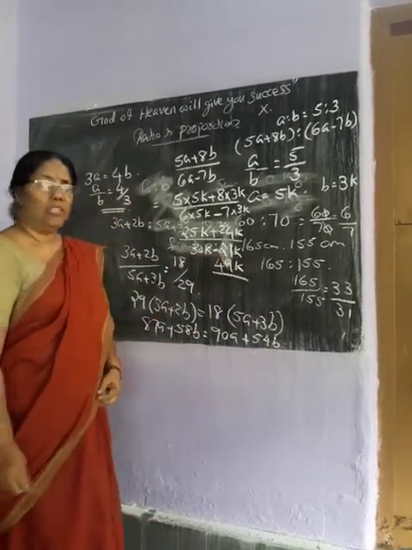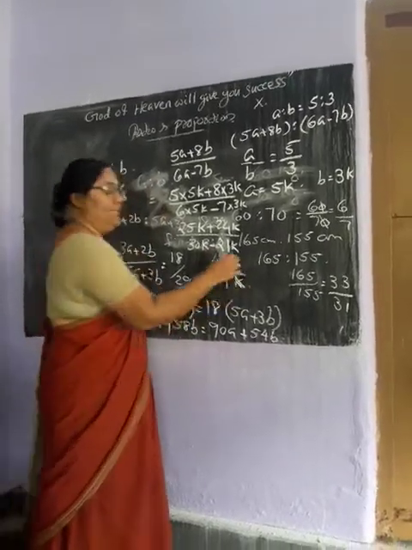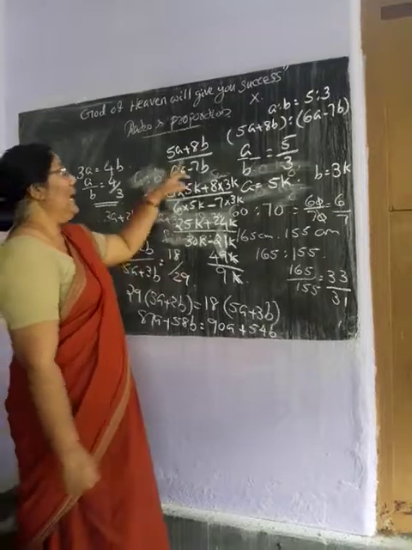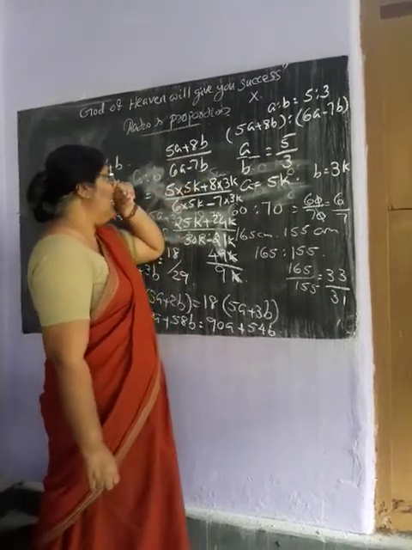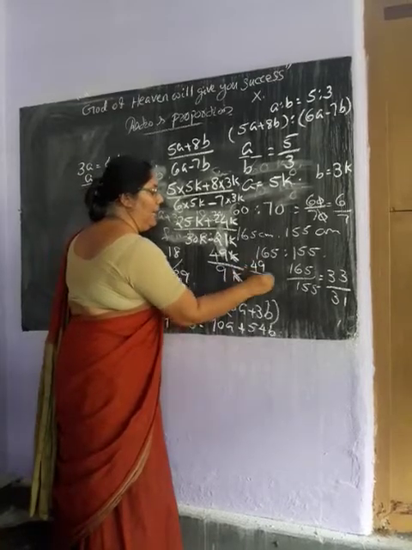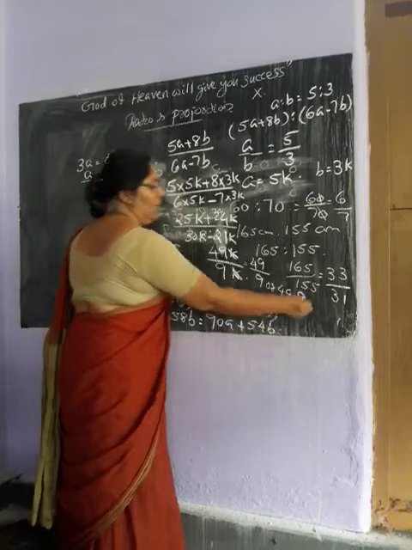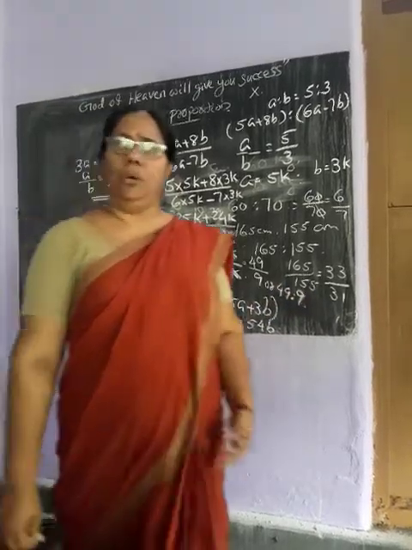What is 30 minus 21? 9k. K cancel. The answer, A is to B means 49 by 9 or 49 is to 9.